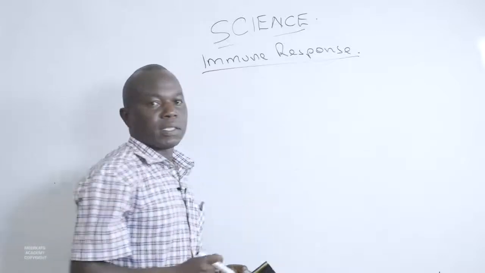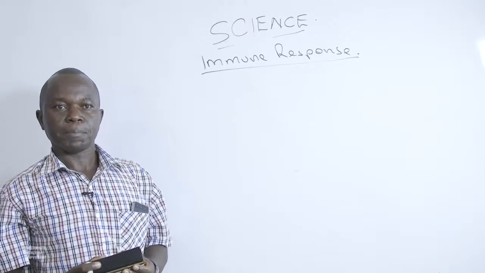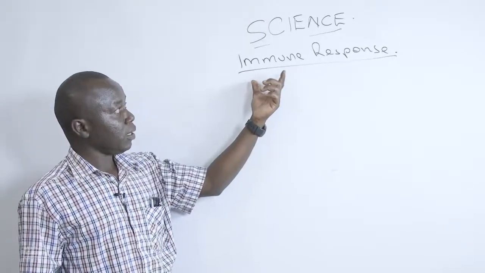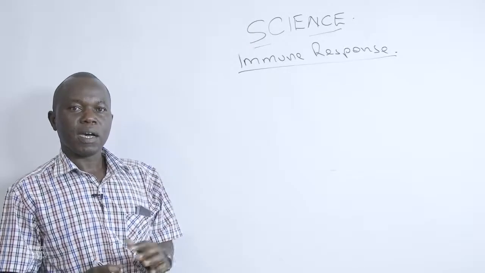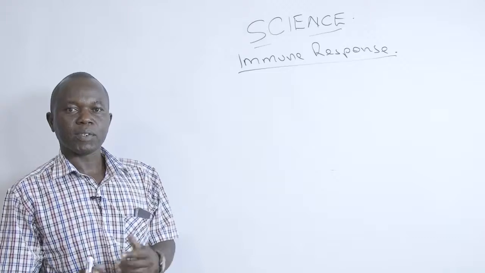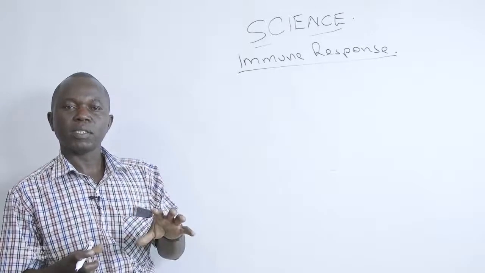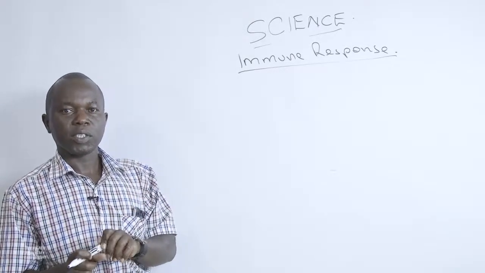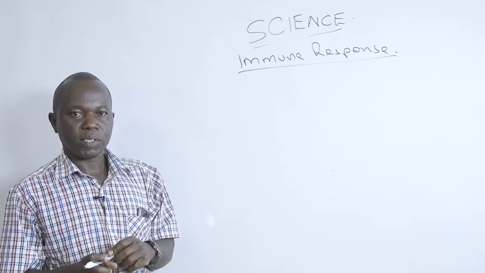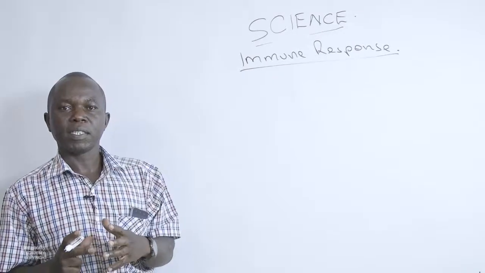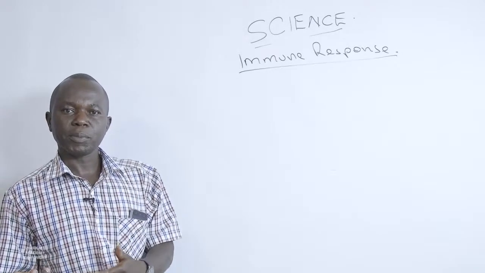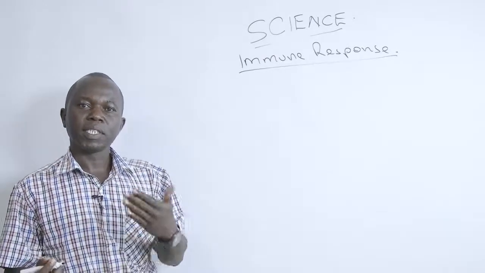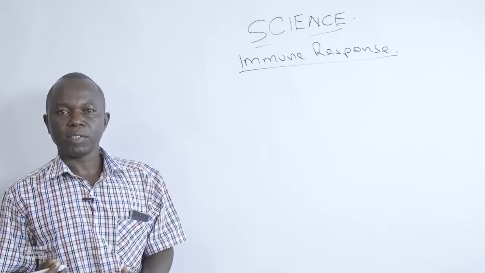So today we look at immune response. As we look at immune response, we are classifying it as one of those responses that occur in our bodies once the body is exposed to a pathogen. We have said one of the first responses is inflammatory response, but sometimes it's not enough to clear the pathogen.